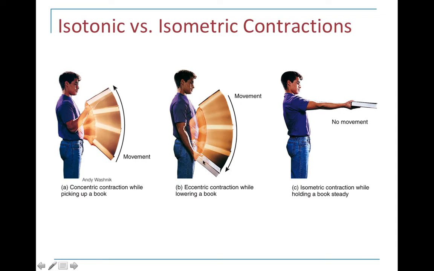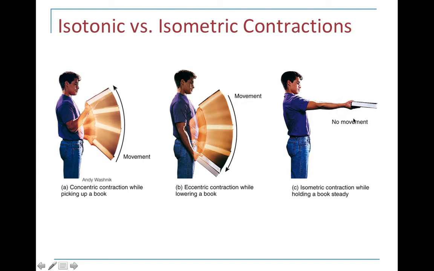So here we shorten the length, but we move an object. The example here is picking up a book. And of course, the opposite would be eccentric, when we increase the length of the muscle during the contraction. So we are lowering the book now.